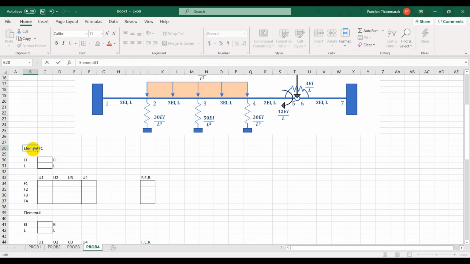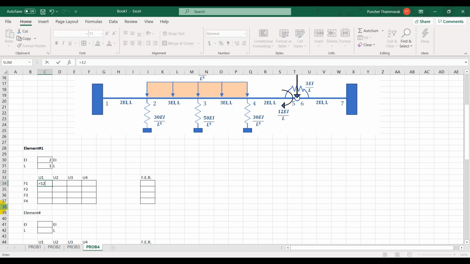We start first with element number 1. Element number 1, we have 2 EI, we have 1 L. Oh, well, actually I should have done this.